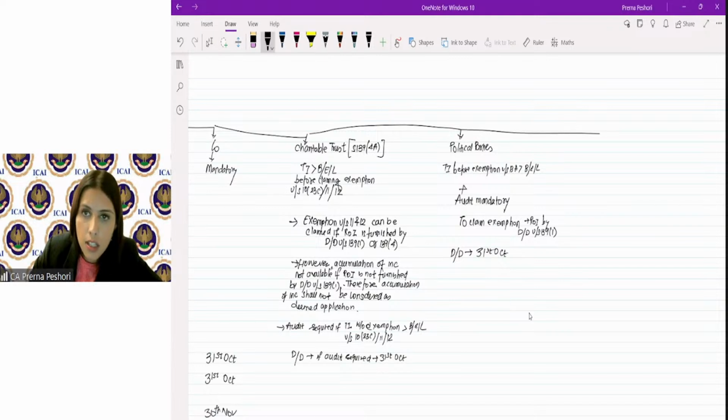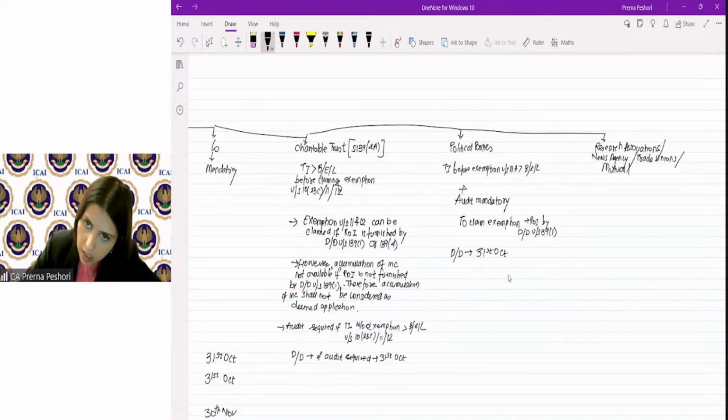Research associations, news agency, trade unions, then mutual funds, securitization trust, venture capital funds, universities, then business trust, InvITs.